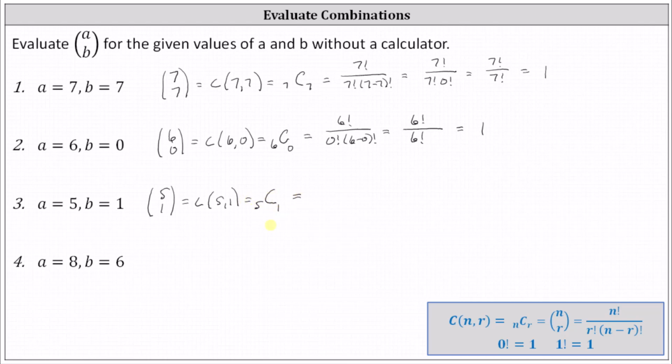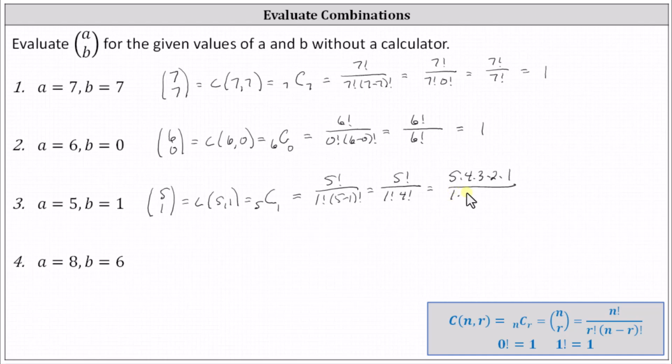5 choose 1 is equal to 5 factorial divided by the product of 1 factorial and 5 minus 1 factorial. Simplifying, we have 5 factorial divided by the product of 1 factorial and 4 factorial. To simplify here, we will expand. 5 factorial is equal to 5 times 4 times 3 times 2 times 1. 1 factorial is equal to 1.